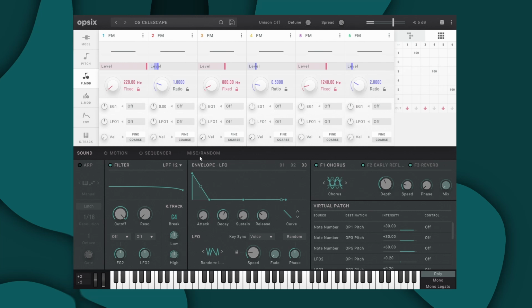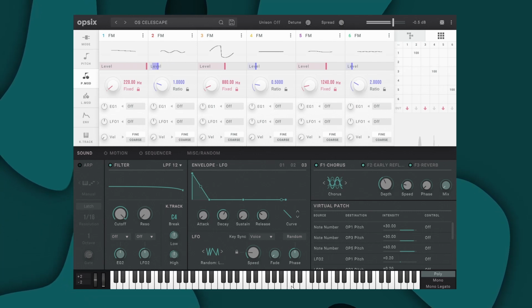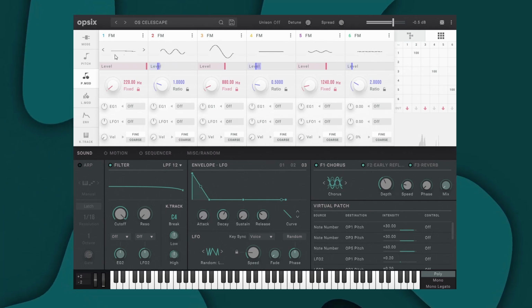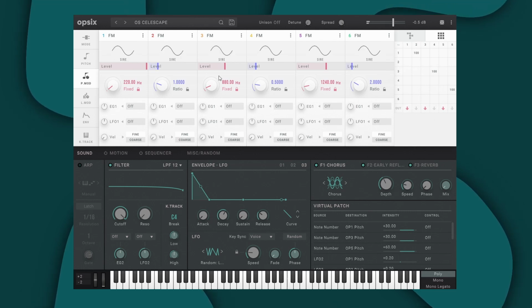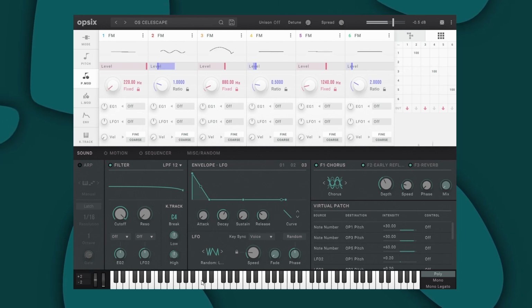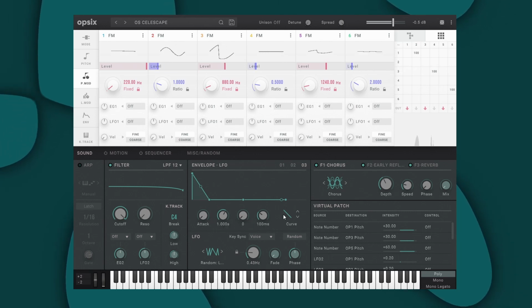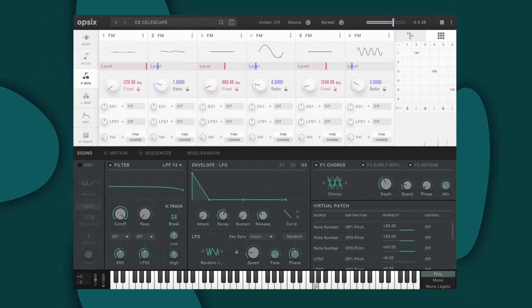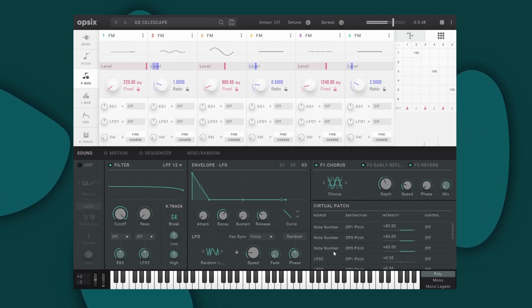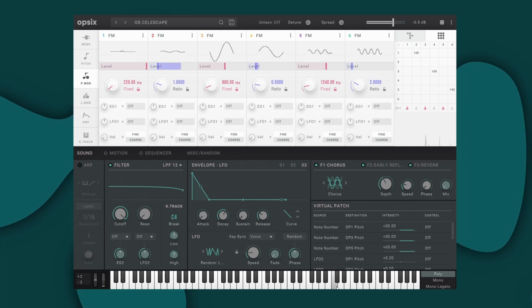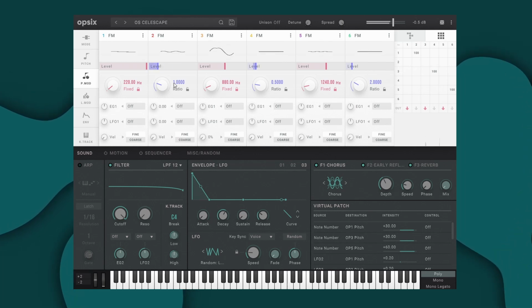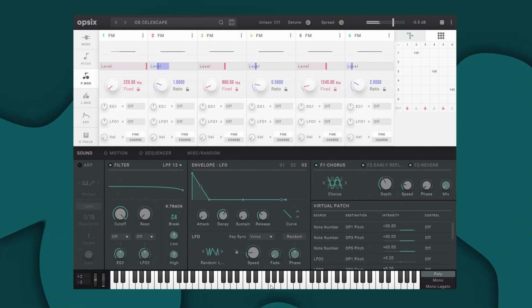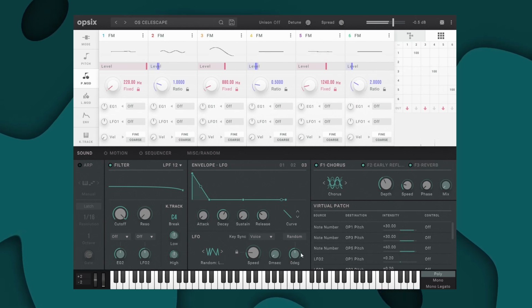You'll again notice that the operators you're hearing, 1, 3, and 5, are all fixed, but they are changing pitch as we move around, and that's because in the V patch here, I've got the note number, the point on the keyboard that you're playing, affecting the pitch of these fixed operators, but in a non-linear way.